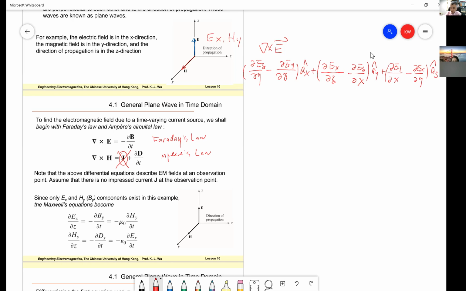How I remember it, the curl, is I just remember Y, Z, Z, X, X, Y. So when you know Z, this must be Z, and this must be Y. Then X, Z, and so on. So that is the way I remember it.